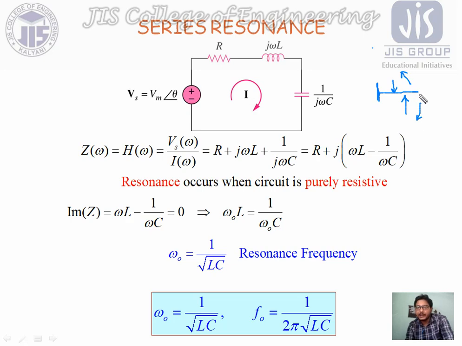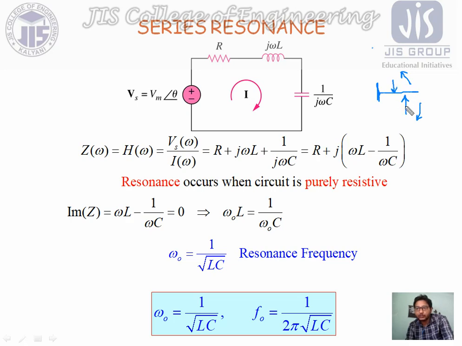Similarly, the inductor and capacitor also try to send the current in two opposite directions. The inductor tries to lag the current and the capacitor tries to lead the current, so their ultimate effect on the circuit will be the resultant of the inductor and capacitor.